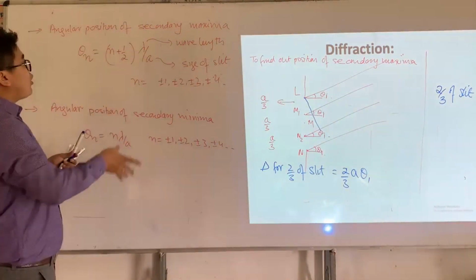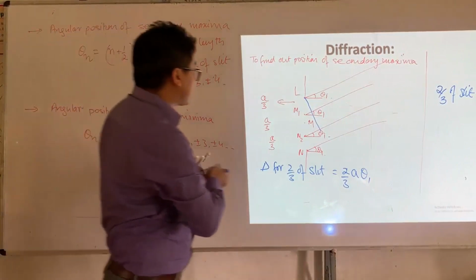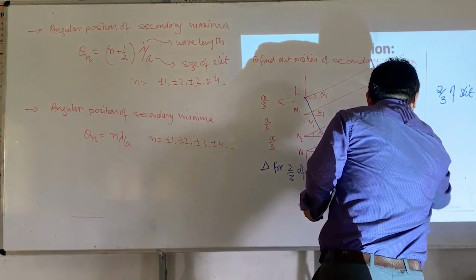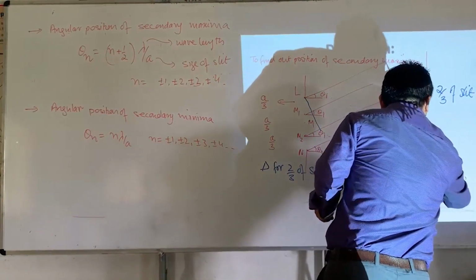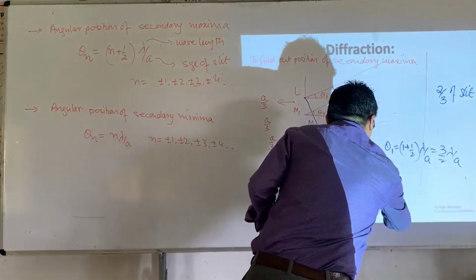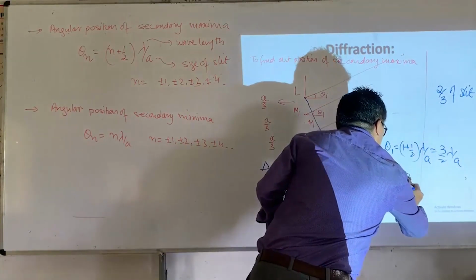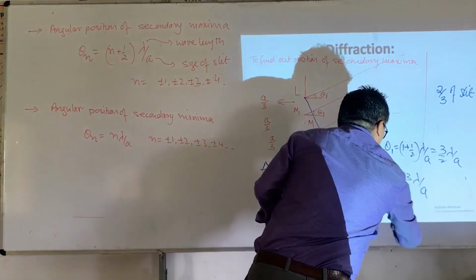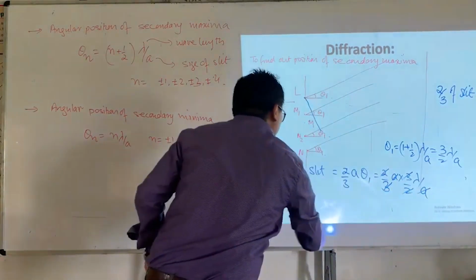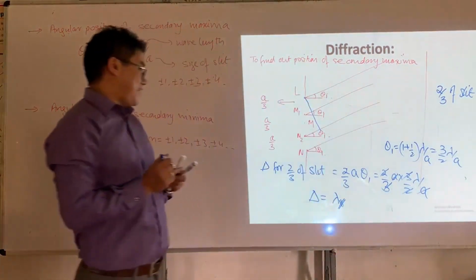I substitute the value of theta 1: if theta is theta 1, then it is 1 plus half, lambda by a, which is 3/2 lambda by a. So this is 2/3 a multiplied by 3/2 lambda by a. The a cancels out, the 2 cancels out, the 3 cancels out. So the path difference would be equal to lambda.